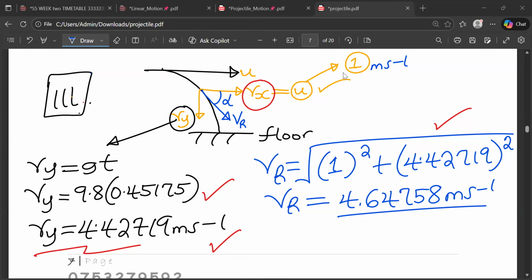You made an error with the value of Vy. And you people are quiet. That is bad. Because it has to be 4.42715. Oh, 715, yeah?